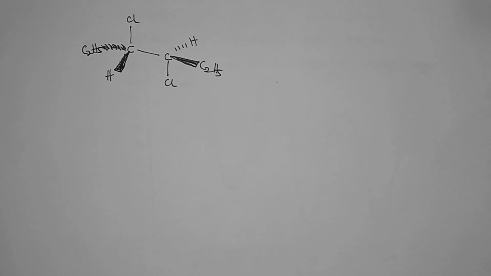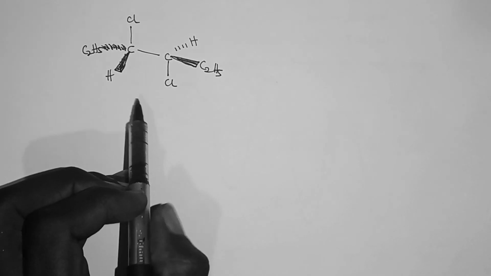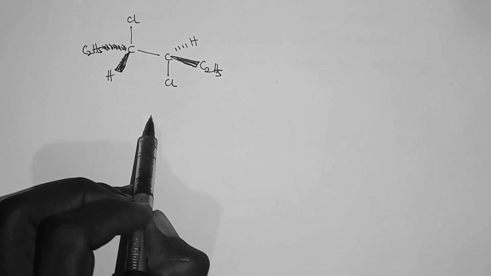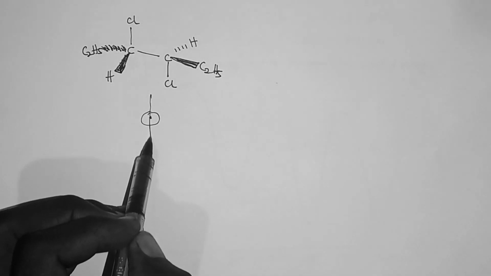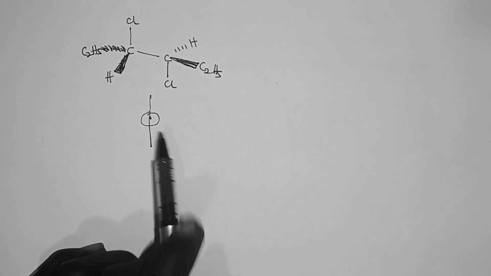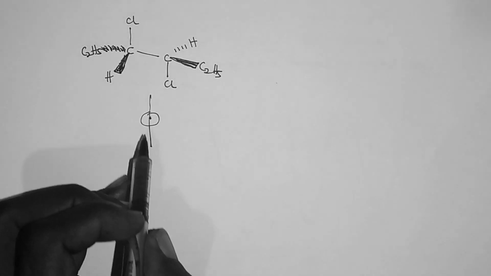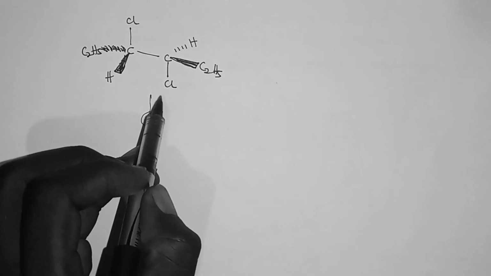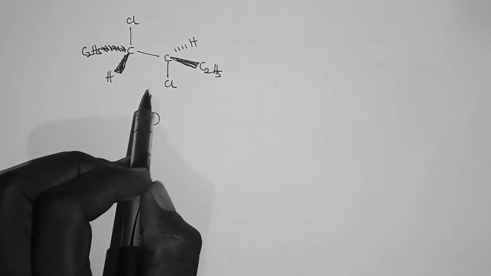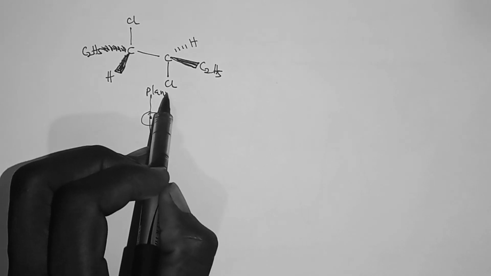To convert a molecule from a perspective form to a Newman projection, remember that in Newman projections, we have the front carbon and then the back carbon. So now, if we divide the Newman projection vertically into two, then all the groups that come at the top and then the bottom are the atoms that are in the plane of the molecule.